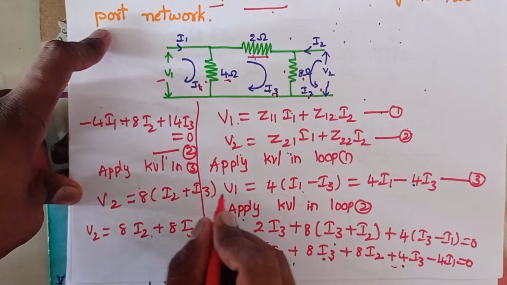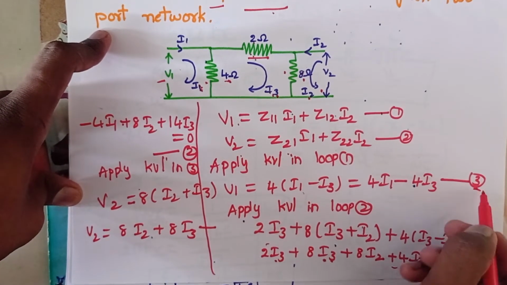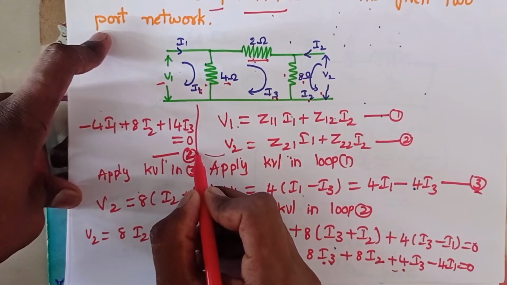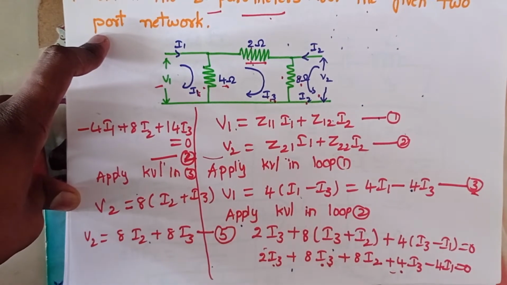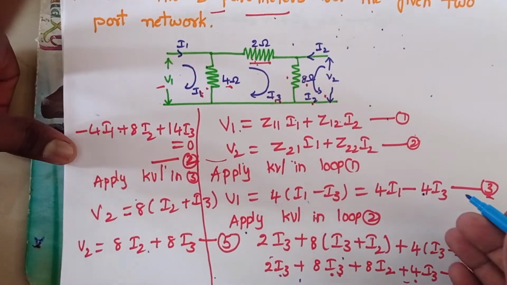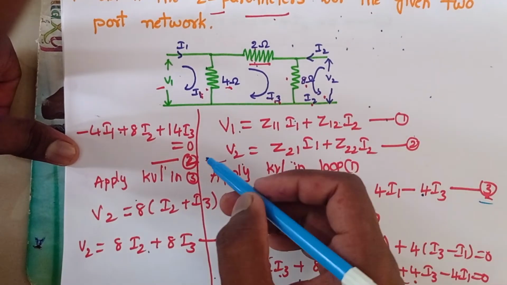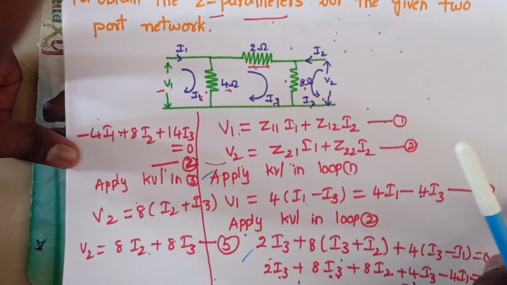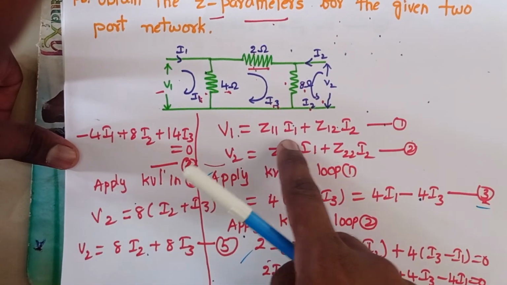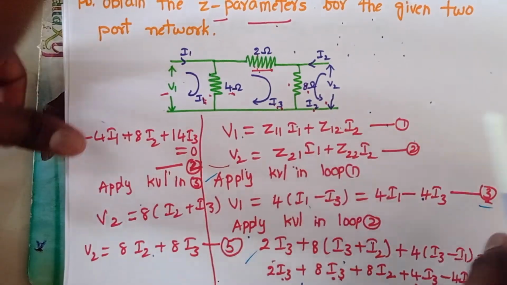Consider this as equation number 5. Here we get 3 equations, 3, 4 and 5. From these 3 equations we can obtain Z11, Z12, Z21 and Z22.